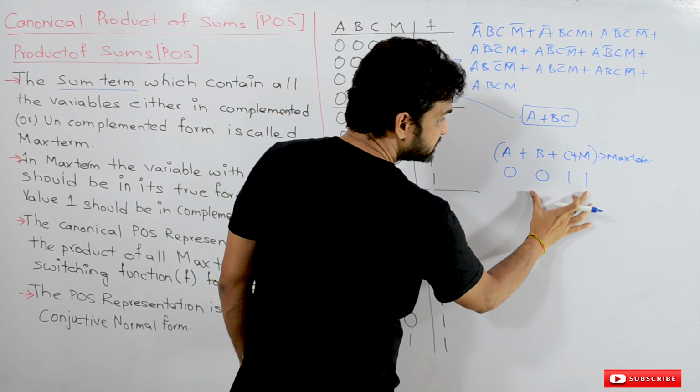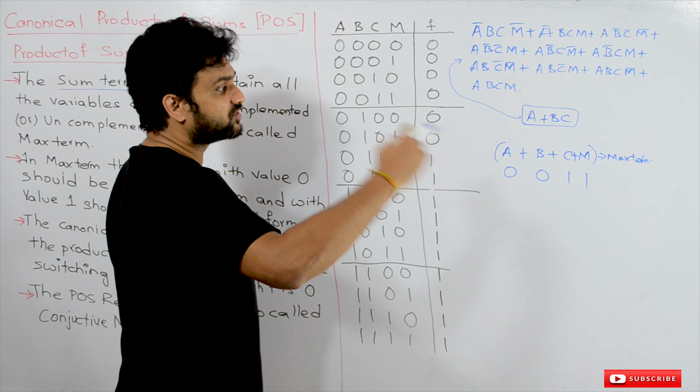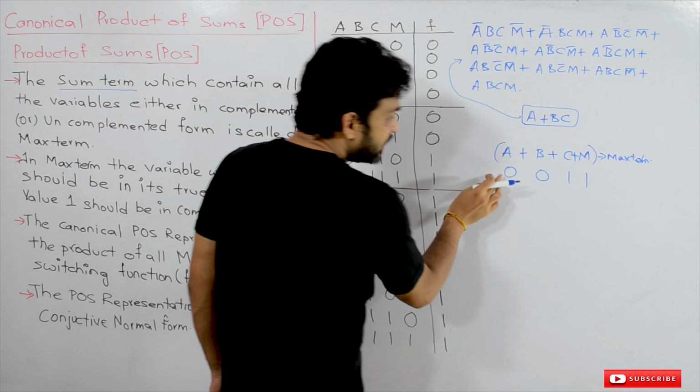In order to represent this as a max term in product of sums, the 0 has to be represented in its true form. So the variable which has a value 0 is represented as A in its true form, and the variable which has a value of 1 is represented in its complemented form.